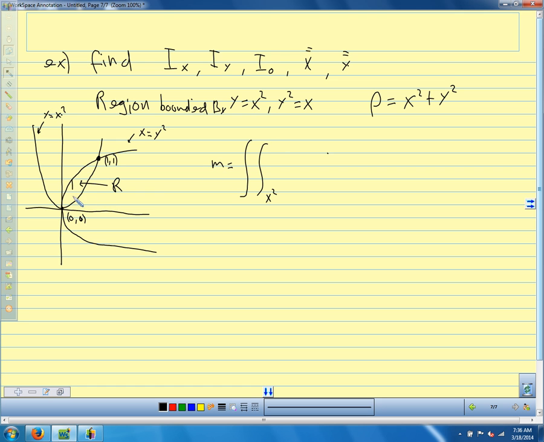If I set my rectangles here, y varies from x squared to, since y squared equals x, the square root of x. And then x is going to vary from 0 to 1. And my mass is just my density, x squared plus y squared, dy dx. So that would be my integral for the mass.